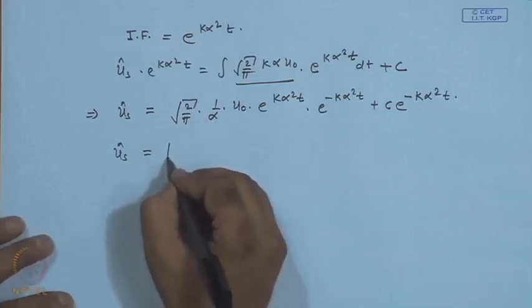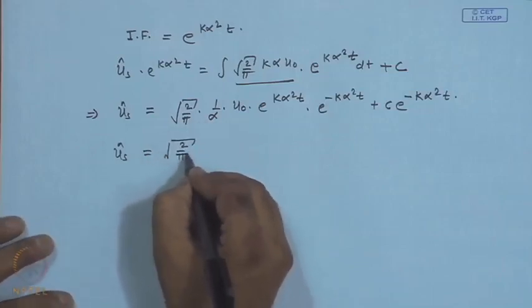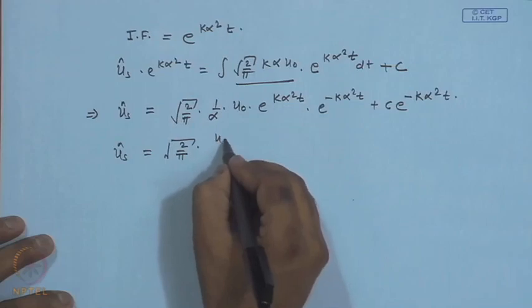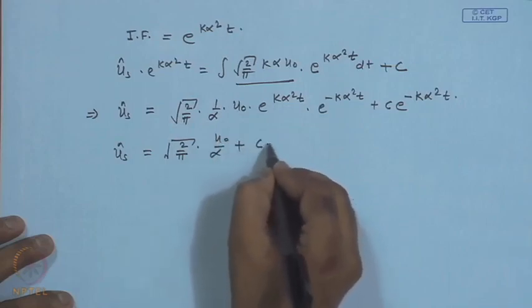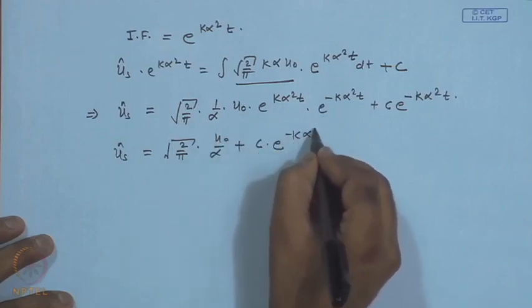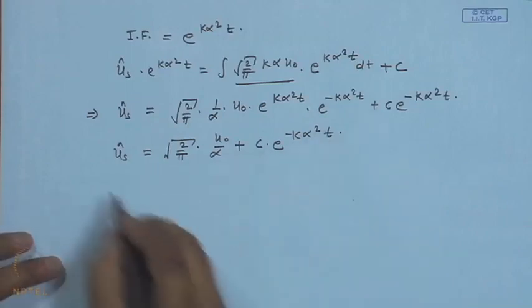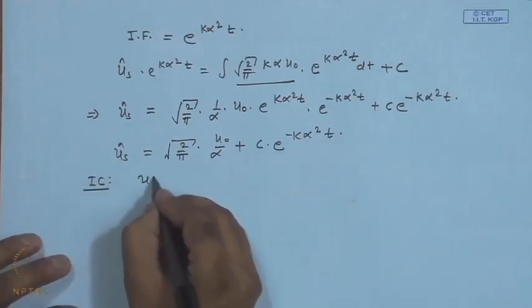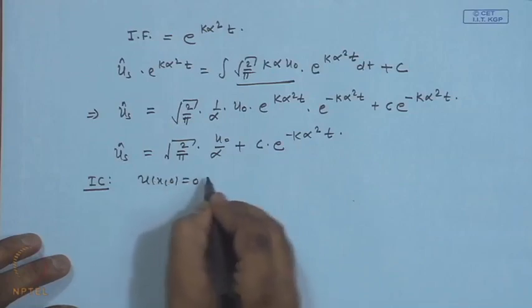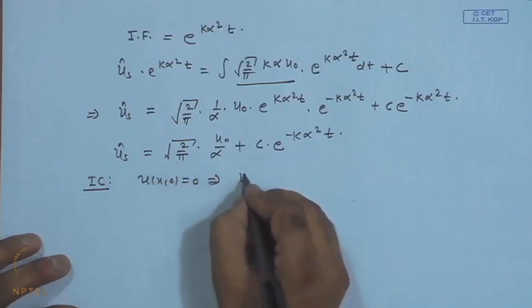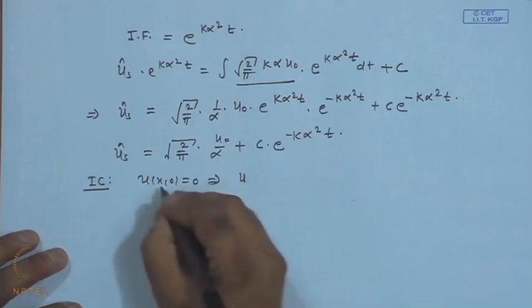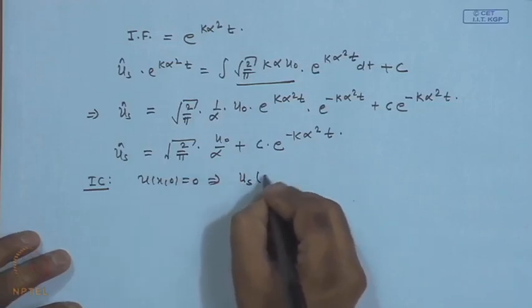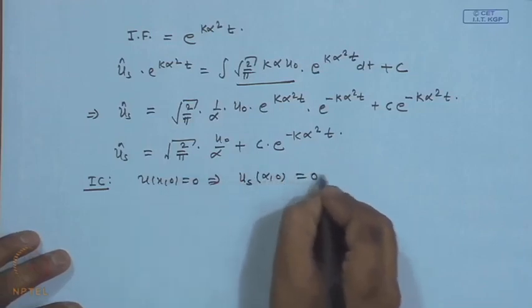So, this u s is square root 2 over pi, and we have u naught over alpha plus c e to the minus k alpha square t. Now, the initial condition to get this constant: we have u of x, 0 is 0, that is given. If we take the Fourier sine transform with respect to x, we will get u s hat of alpha, 0 is 0.